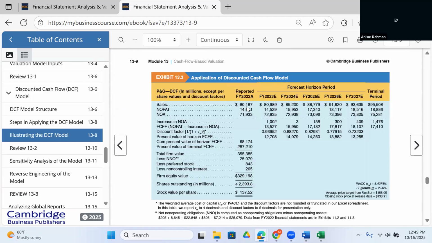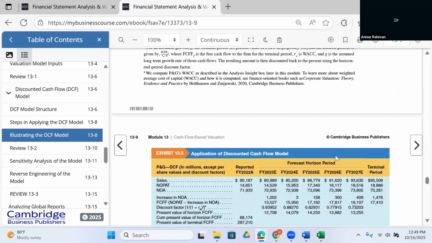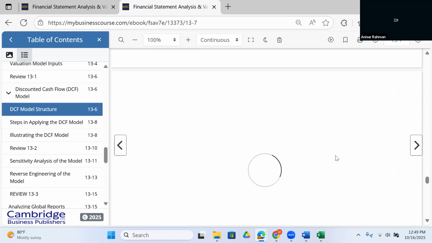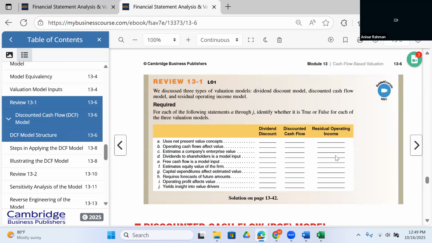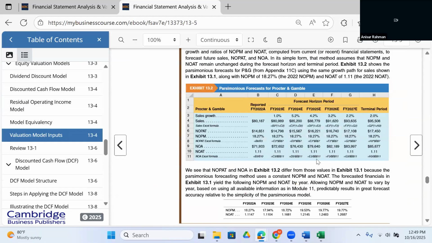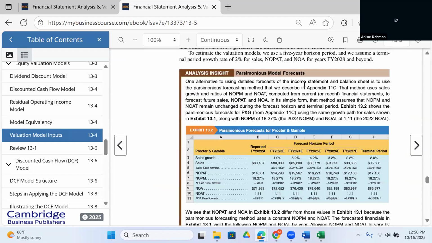They have forecasted not only sales, but also NOPAT and net operating assets. So for these two, we are going to base our forecast on historical information. So there is a detailed analysis here of the parsimonious model.